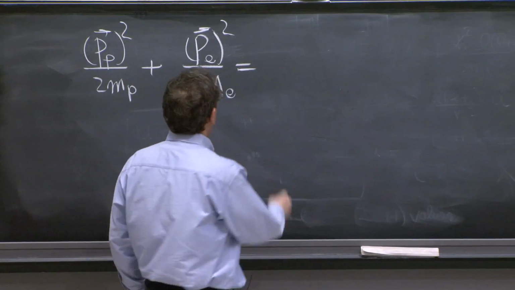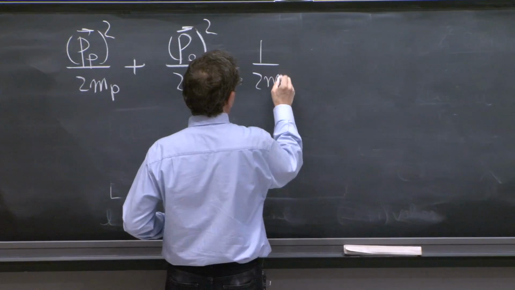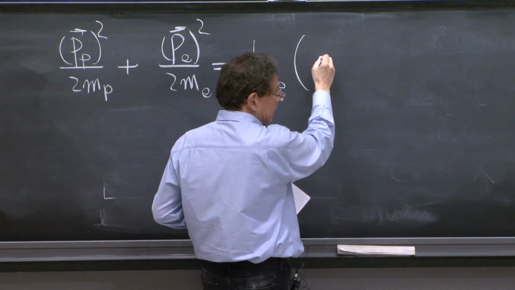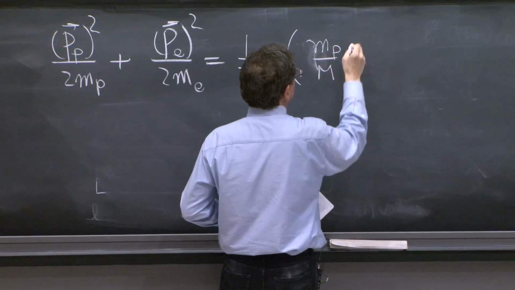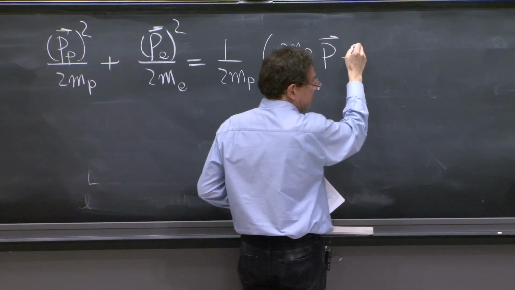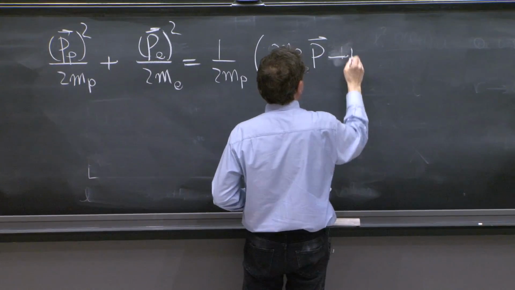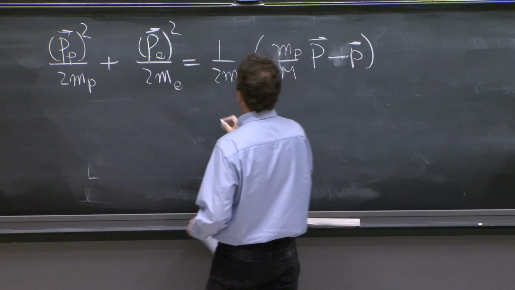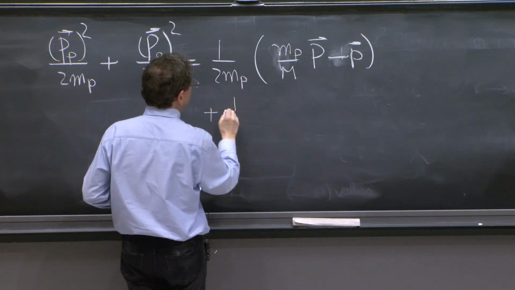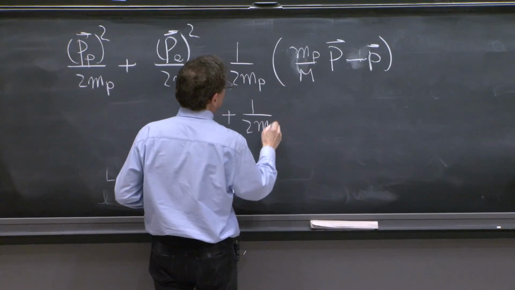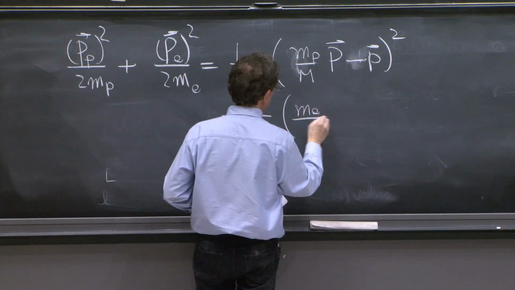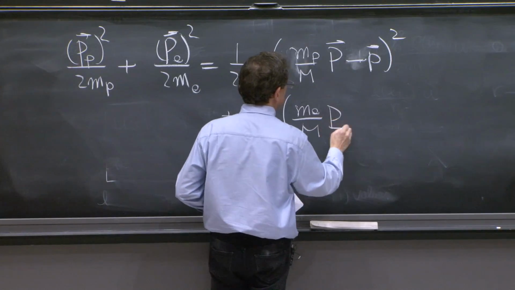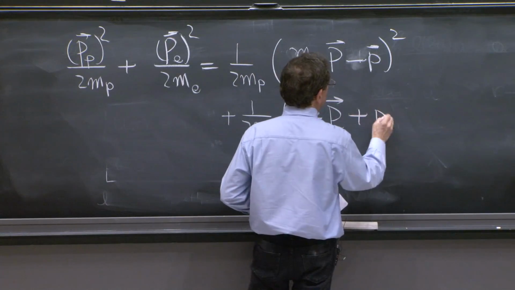So I have 1 over 2 m of the proton and have m of the proton over capital M P minus little p, and plus 1 over 2 m of the electron, this is squared, m of the electron over capital M, big P plus little p.